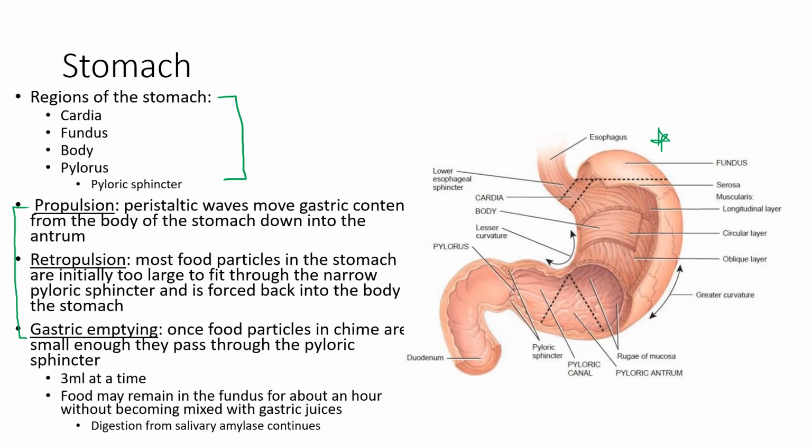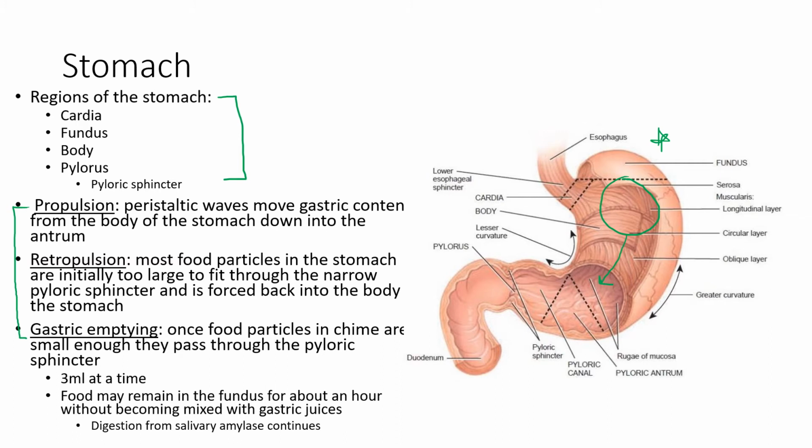The first is propulsion, and we mentioned this a little bit before, but these are going to be peristaltic waves that move gastric contents from the body of the stomach down into the antrum. The antrum is going to be this lower portion down here.